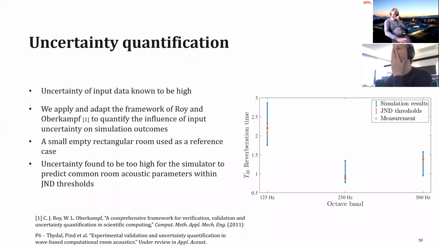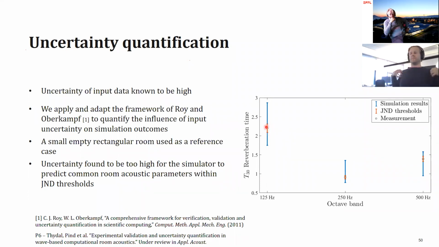And very briefly, we basically found out that the input uncertainty is too high for the simulator to be able to predict common room acoustic parameters such as the reverberation time within these JND thresholds. So just one example result here. At 125 Hertz for a particular porous absorber and settings and source receiver position, the measured reverberation time is around 2.2 seconds, and the JND thresholds range then from roughly 2.1 to 2.3.